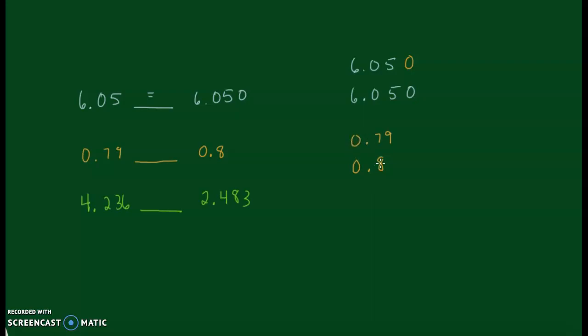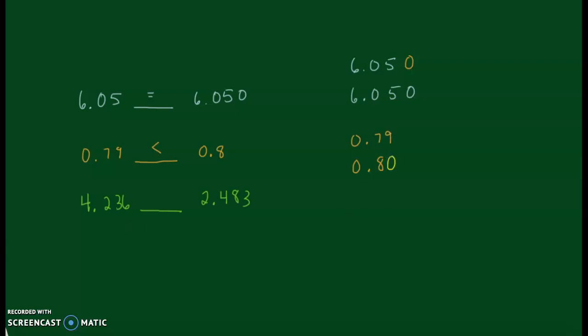In the tenths place, the 8 is bigger than the 7. 8 tenths is more than 7 tenths. So without even going on to the next place, we know that 79 hundredths is less than 8 tenths. Even though 79 hundredths has more digits, 8 tenths is greater. We can even put a 0 there to help us see that.